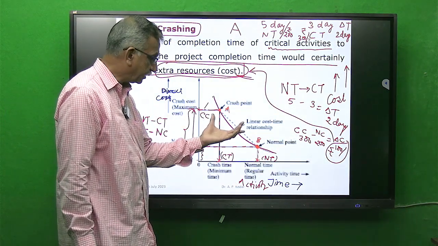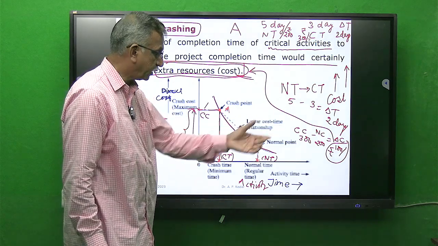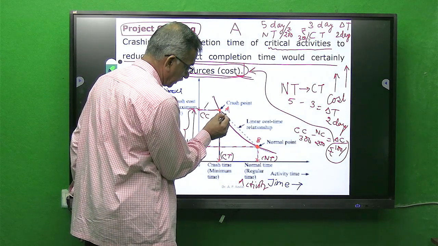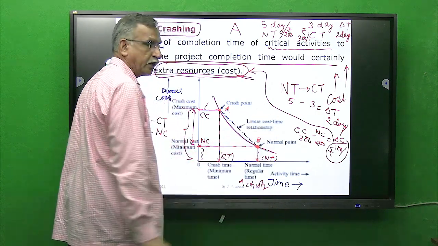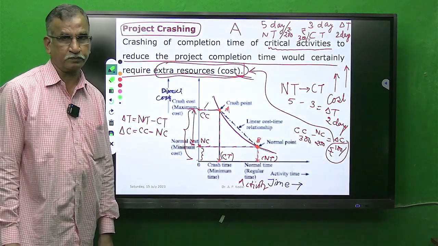So to find this per day cost, we assume this curve as a straight line, a linear approximation.